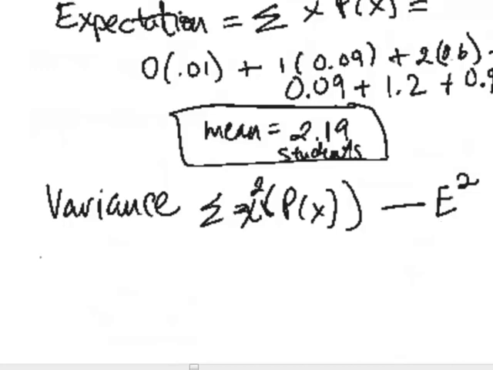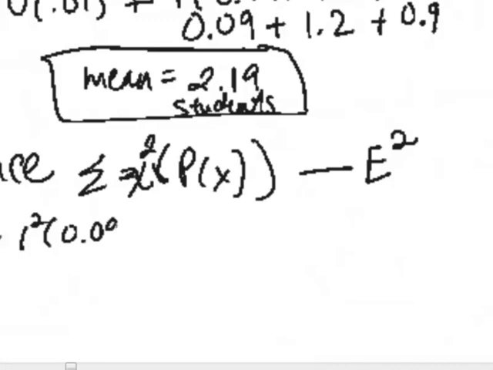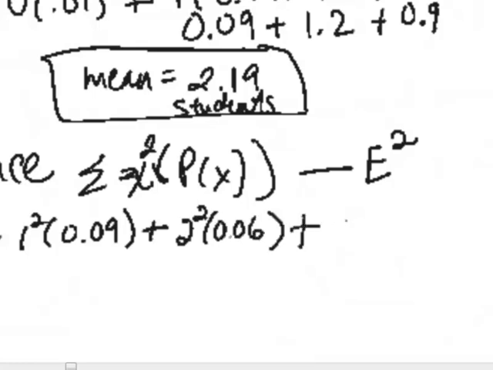So in this case it would be 0 squared times 0.01 plus 1 squared times 0.09 plus 2 squared times 0.06 plus 3 squared times 0. Oops, that should have been just 0.06. Let me erase that real quick. I caught that mistake before I got too far down.